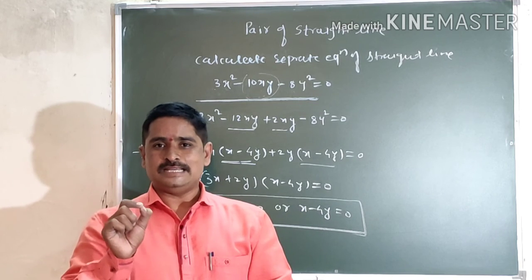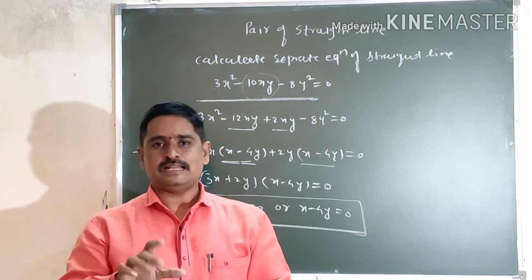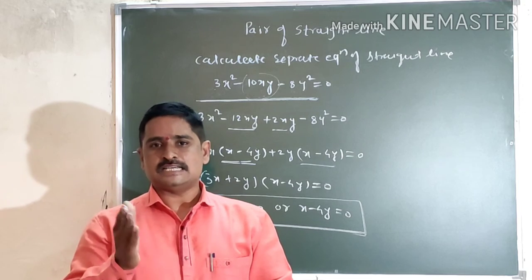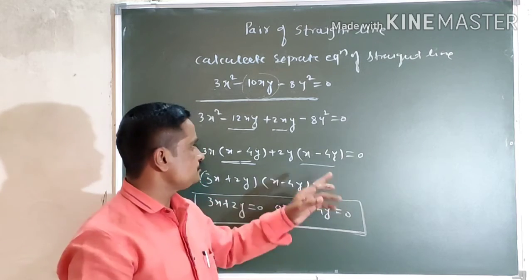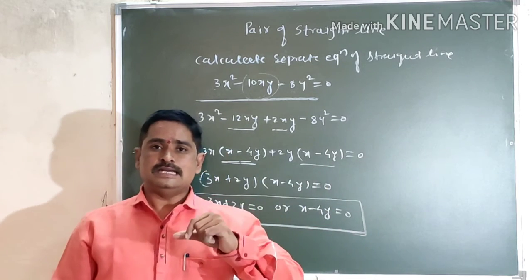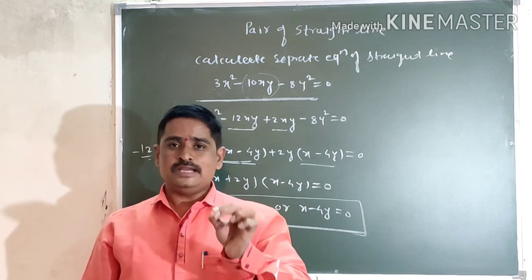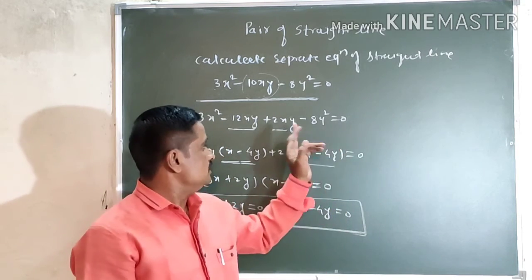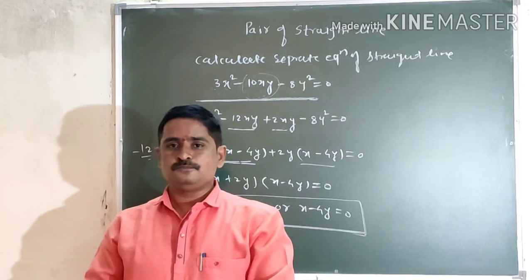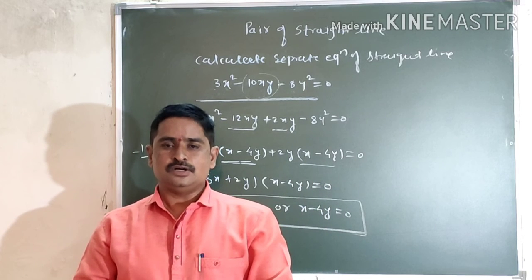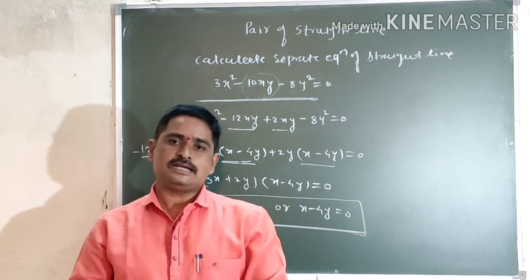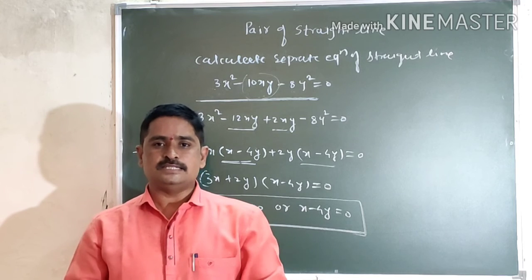If we can show that a plus b equals to 0, then we can conclude that lines are perpendicular. Again, to show that lines are coincident, that means intersecting lines, we have to show that a square minus ab is greater than or equal to 0. Then we can conclude that the lines are coincident.